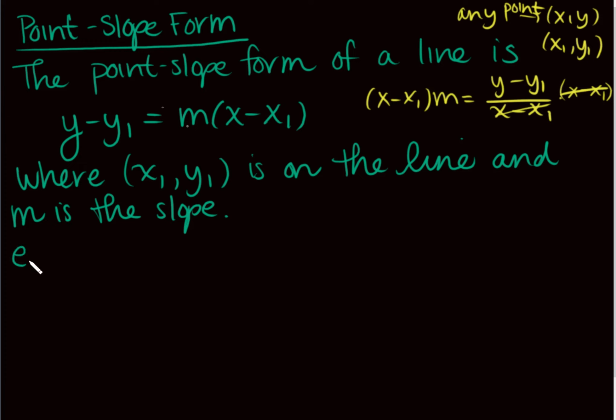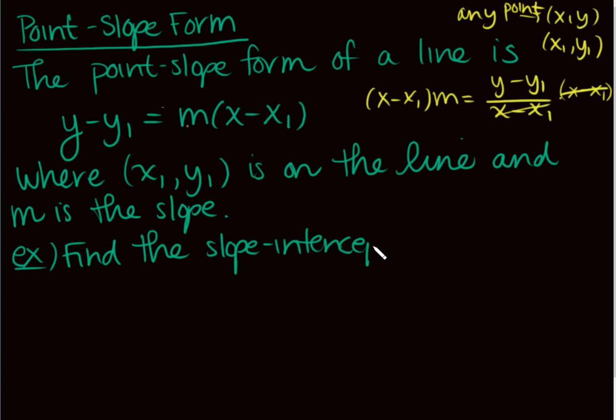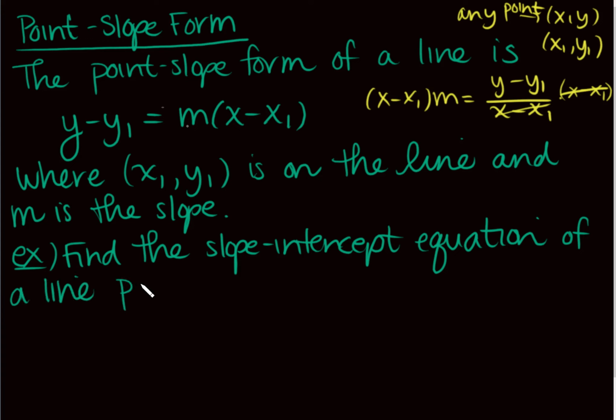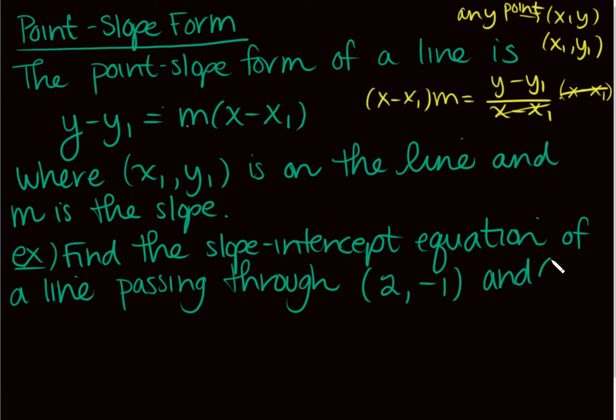So let's really quick find the equation of a line passing through the points, let's just grab some points here, (2, -1) and, I don't know, (5, -3).